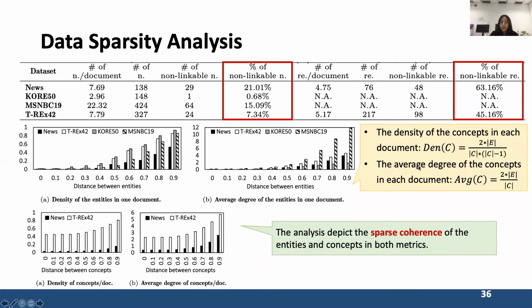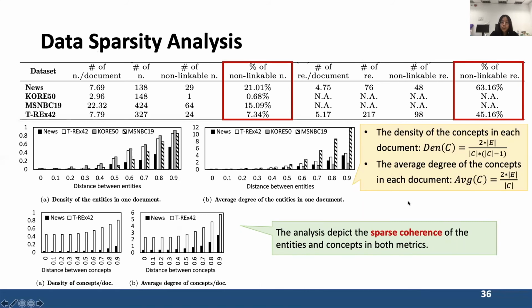We also conduct a statistical analysis of the percentage of the non-linkable mentions in the documents of all the datasets. As shown in the table, there is a considerable amount of non-linkable noun phrases and relational phrases, especially in the long text datasets such as News, MSNBC19, and TR-X42.